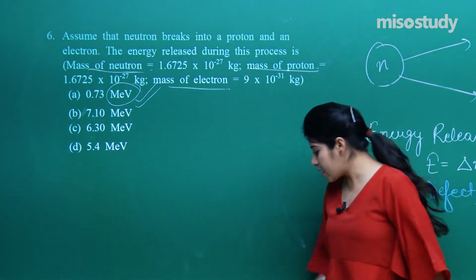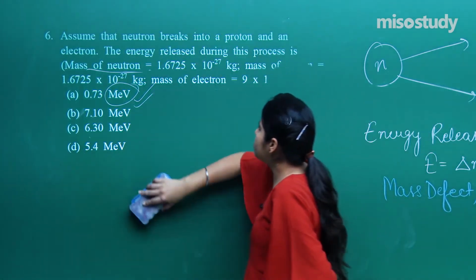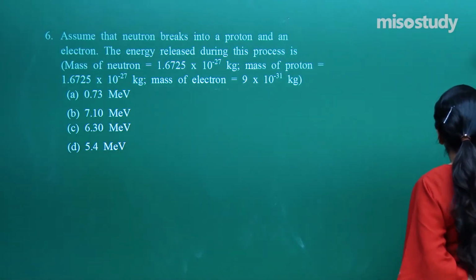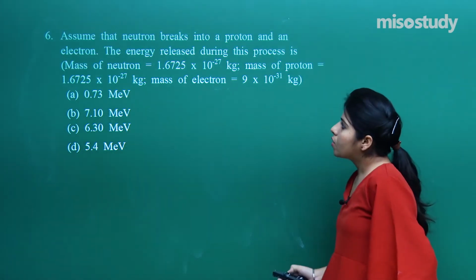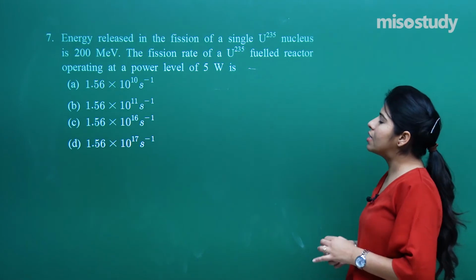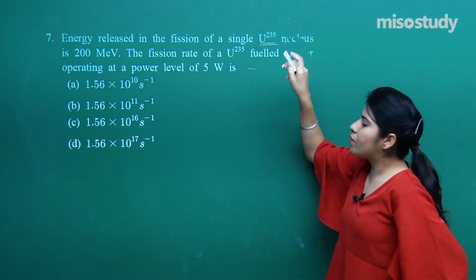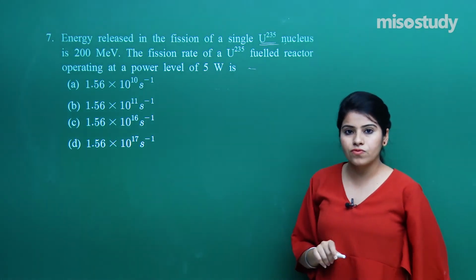Now we will look at the next question, question number 7 of the session. Question number 7 says that the energy released in the fission of a single isotope of uranium, a U-235 nucleus, is 200 mega electron volt.